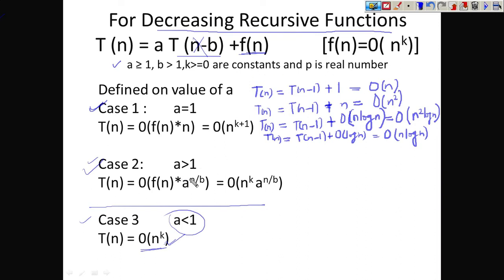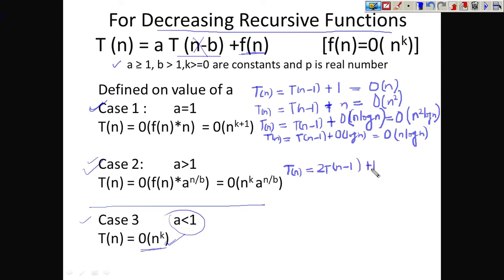Now in case 2, when a is not equal to 1 but it is more than 1, in that case your answer will be the function, whichever is given to you, times that coefficient raised to the power n by b. So what does it mean? Let us take some examples. If we have T(n) equals 2T(n-b) + 1, here you can see that a is more than 1.